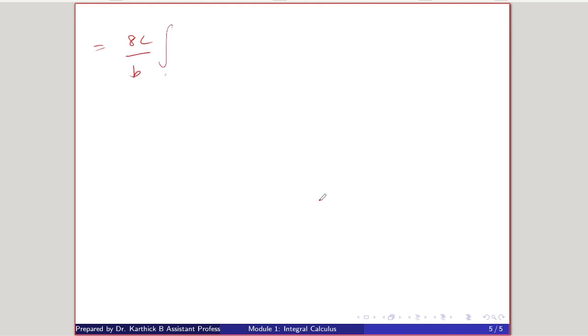The remaining will be 0 to a, then 0 to b times the square root of 1 minus x square by a square, and here I have taken the value 1 by b square outside, so it becomes 1 by b here. On the remaining we keep inside 1 minus x square by a square minus y square.